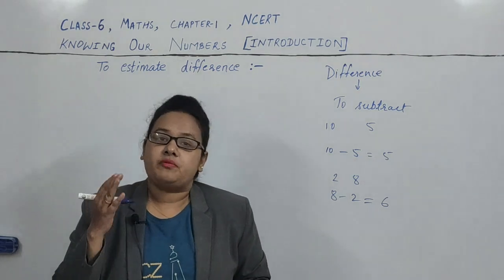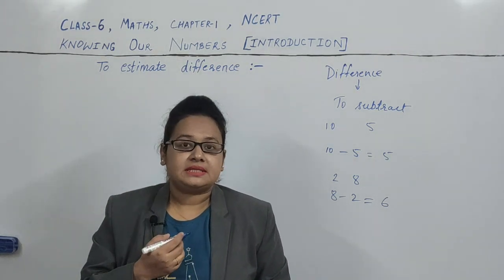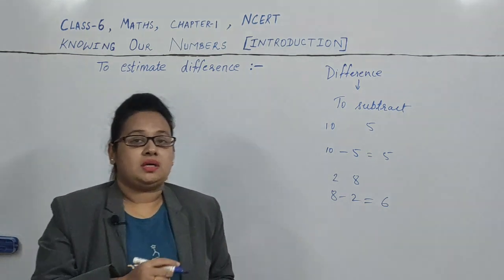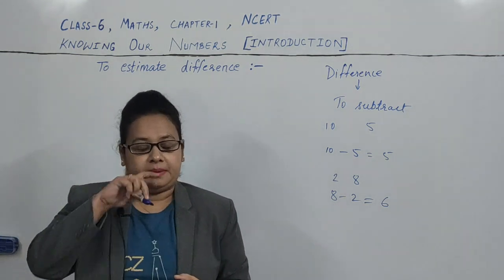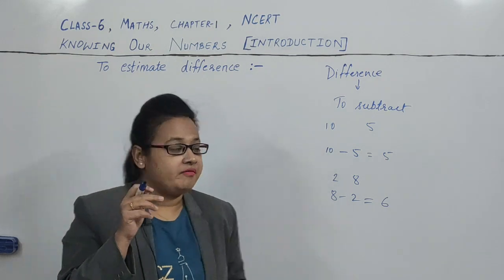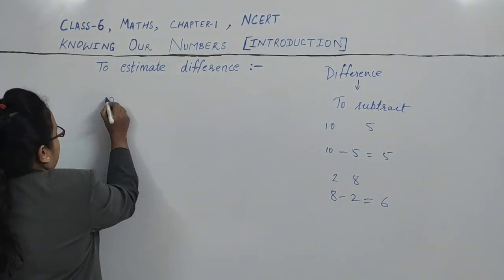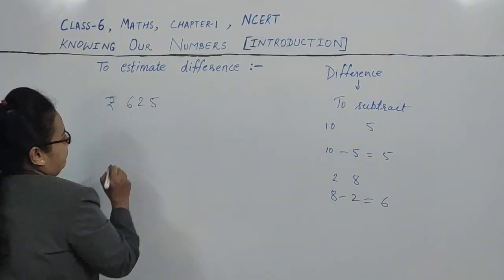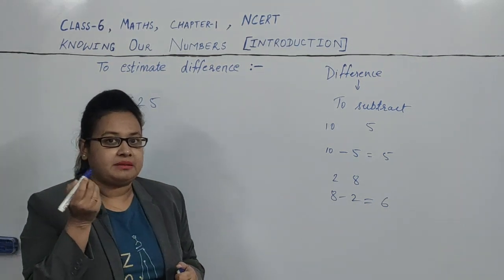Why do we find the estimated difference? Why do we do this? Suppose I'll give you an example. Suppose I have rupees 625 with me and I'm going to the market to buy something.